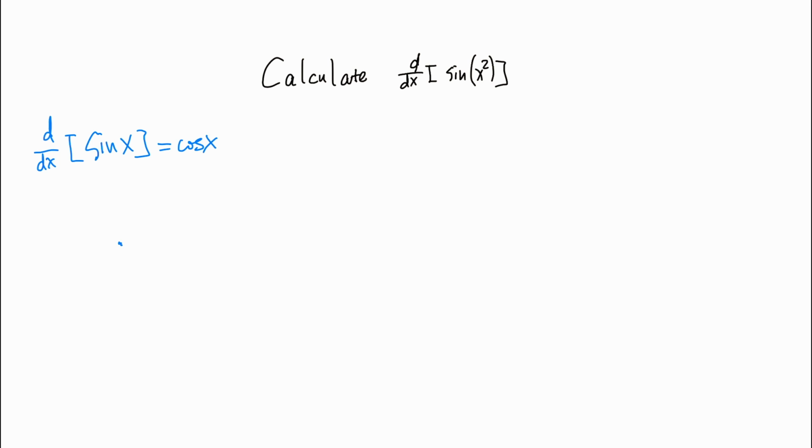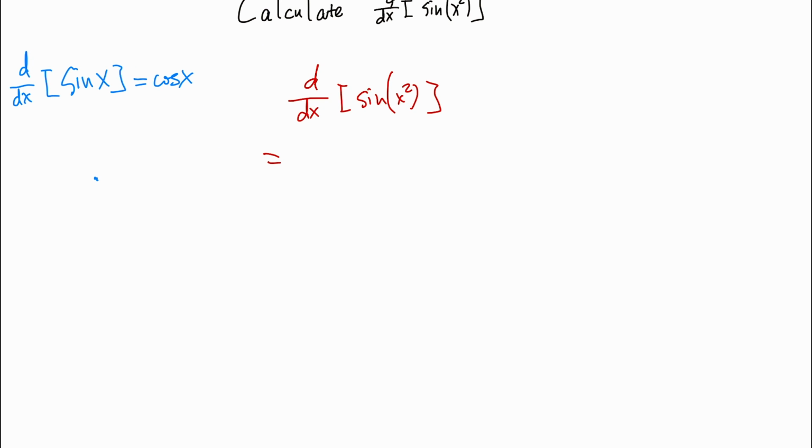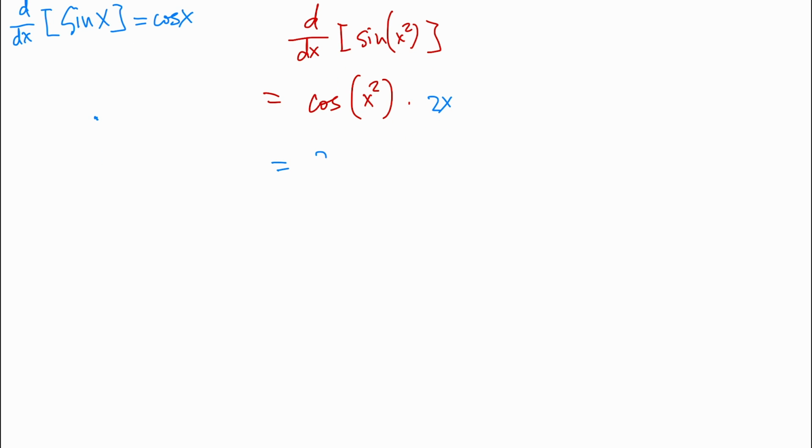So the derivative with respect to x of sine of x squared is equal to the chain rule: the derivative of the outer function without changing the inside, so cosine of x squared, times the derivative of x squared. And we know, using the power rule, that the derivative of x squared is simply 2x. So our final answer is 2x cosine x squared.